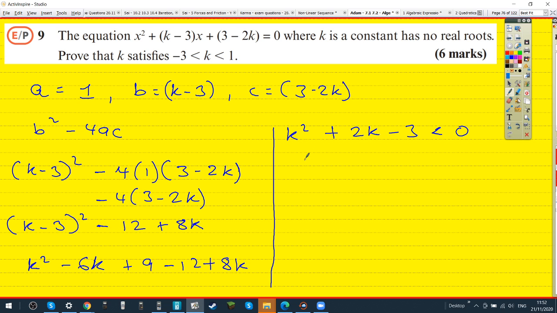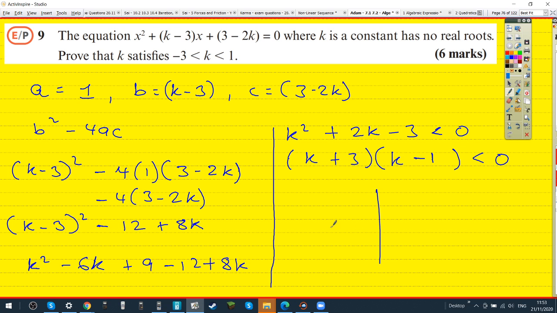It'll be k brackets k plus 2. Fully factorize. Would that be right? Let's see. I think it's k plus 3, k minus 1.